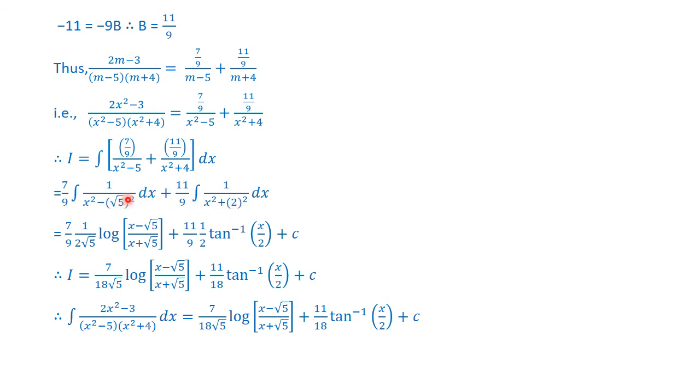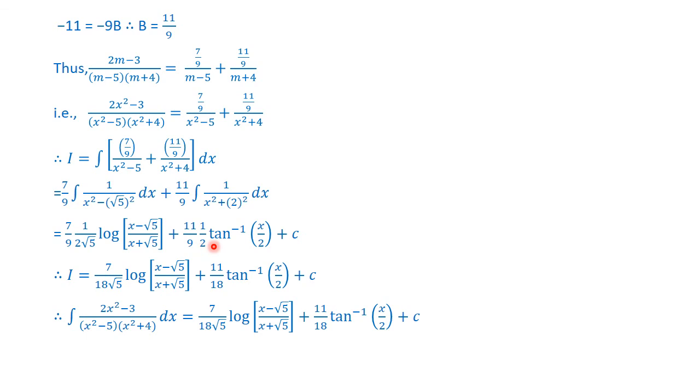Now for this one the result is what? 1 by 2a. What is a? Root 5. So 1 by 2 root 5, 7 by 9 as it is, into log of (x minus a) upon (x plus a), that is (x minus root 5) upon (x plus root 5), plus 11 by 9 as it is, into the integration of this term, 1 by a tan inverse of x by a, where a is equal to 2.